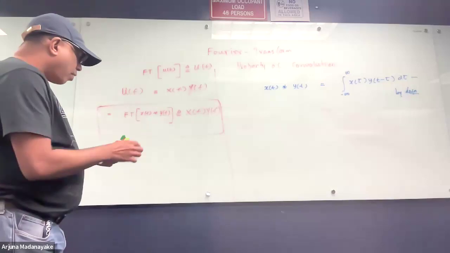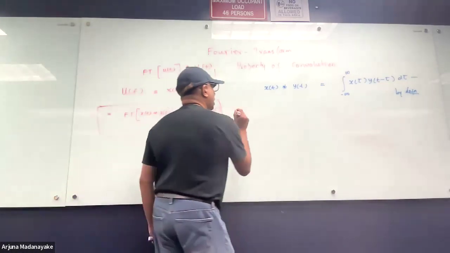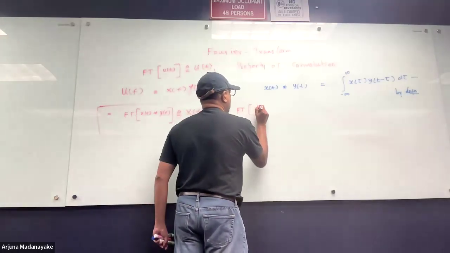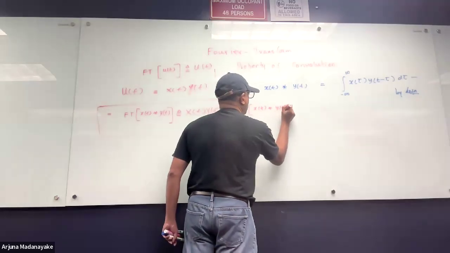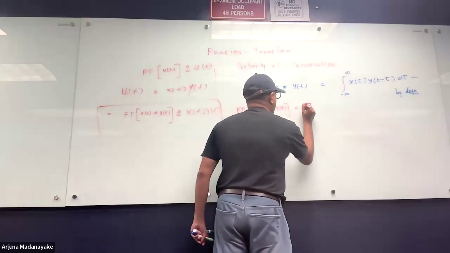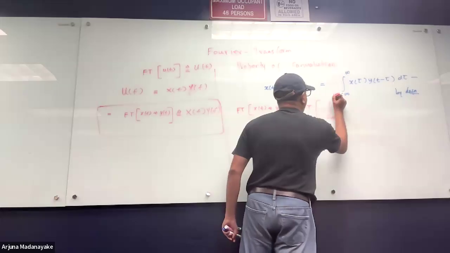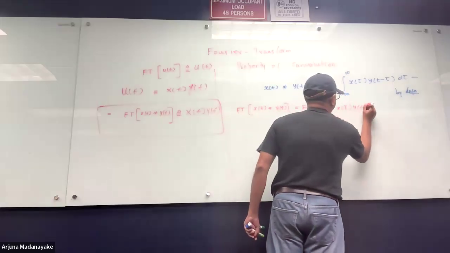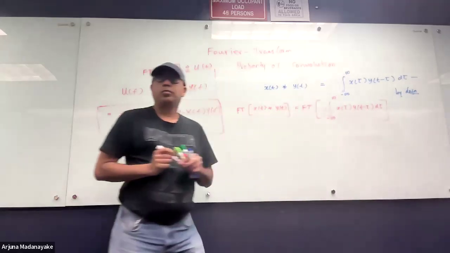So we take the Fourier transform of both sides, right? So I'm going to take the Fourier transform of x of t convolution y of t, which is equal to the Fourier transform of the integral.